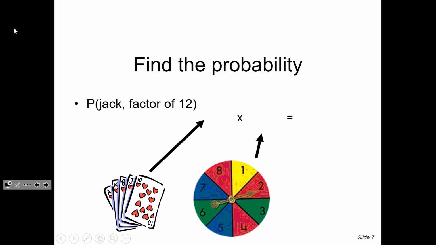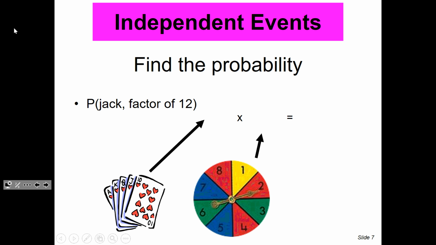Very good. All right, so we've got another example here. It says, what's the probability of you picking a jack first and then a factor of 12? Okay, so out of these cards, how many cards are there here? 5. And how many of them are a jack? So the probability of picking a jack is 1 out of 5. And then I'm looking at the spinner for factors of 12, so numbers that multiply to give me 12. Can I multiply 1 by something to get 12?